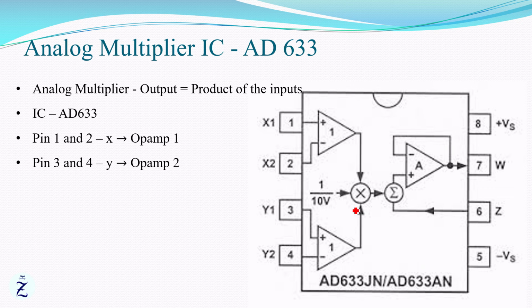Output of the first op-amp, X1 minus X2, is multiplied with Y1 minus Y2, which is the output of this op-amp, and this product Vx into Vy will be scaled by a term 1 by 10.